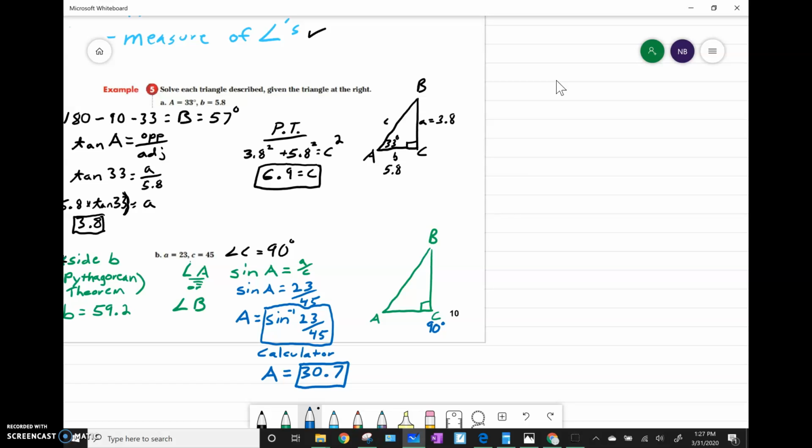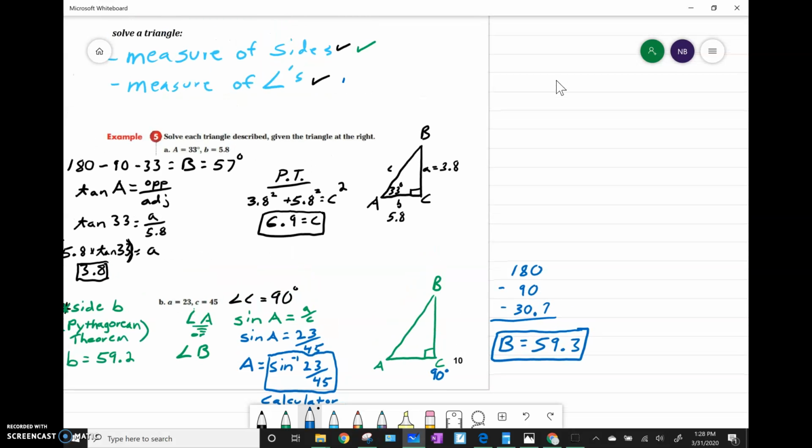We're going to take 180 and we're going to subtract 90 and we're going to subtract 30.7. And we're going to end up with B being 59.3. And we have found the measure of all of our angles.